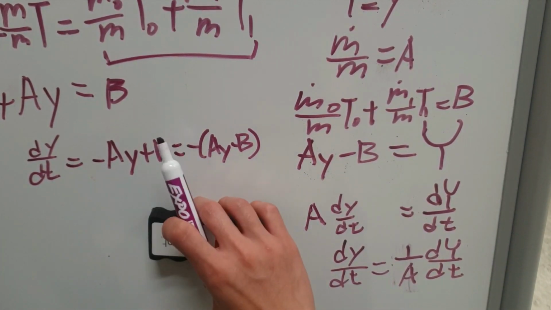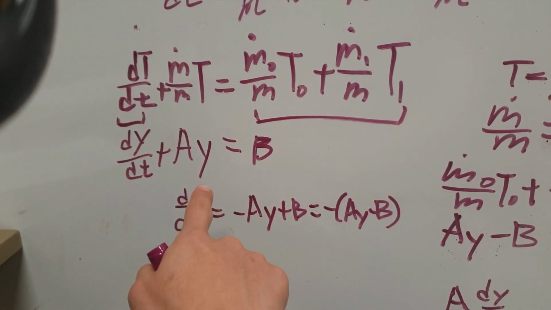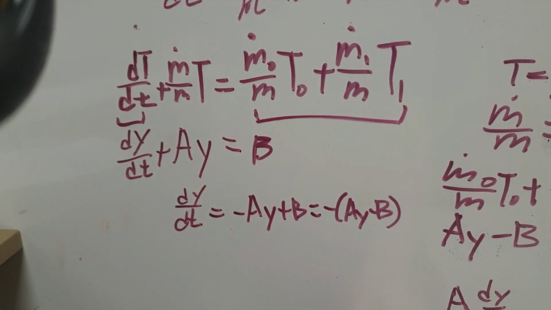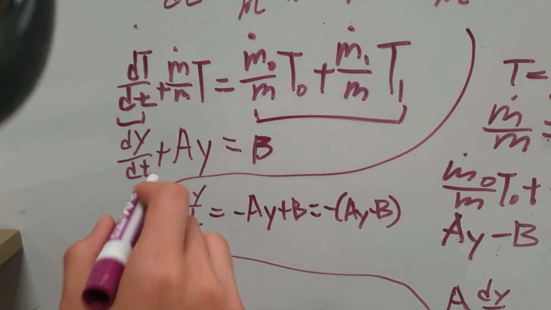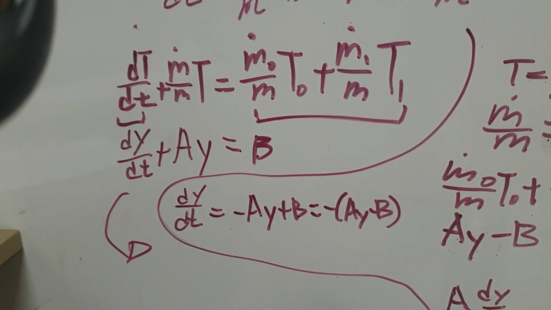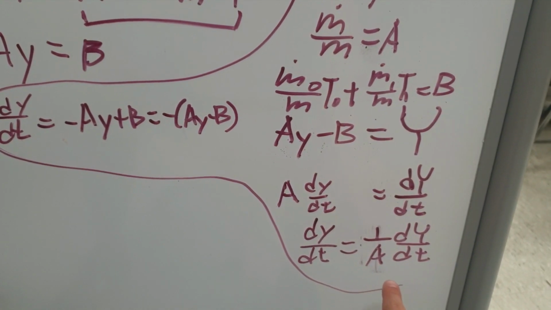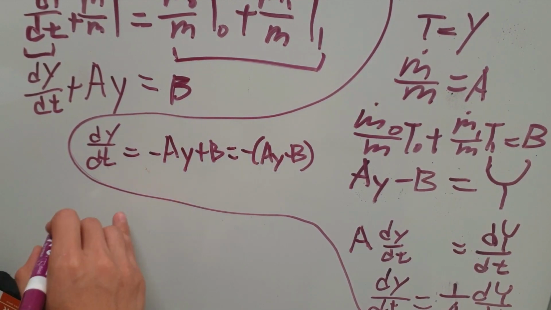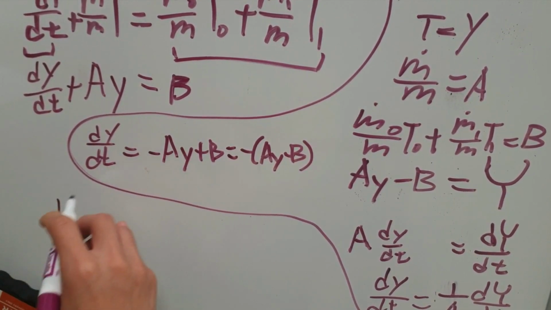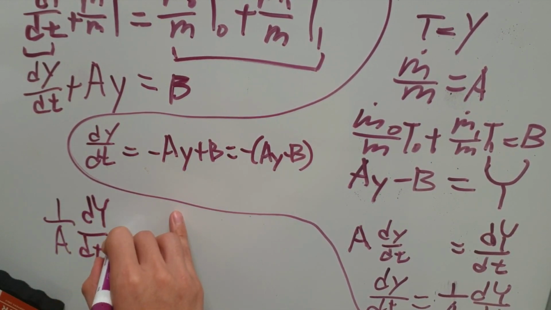So coming back to what we have over here, we're going to solve this again. If we continue with this, we'll have dy over dt equal to 1 over a big dY over dt.